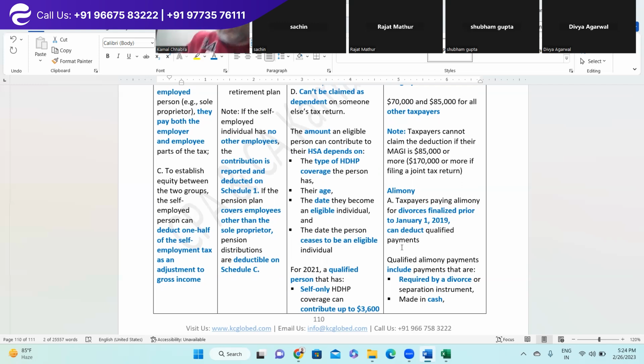In this scenario, whatever you have deposited as an employer is an allowable expense for the employer's P&L. But the amount you have deposited in your personal capacity needs to be considered as a deduction from the gross income.